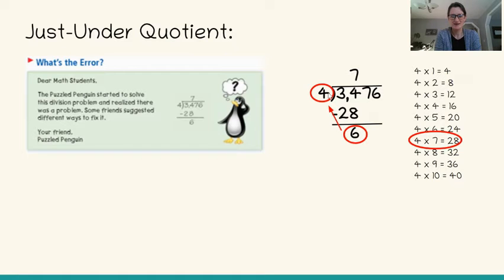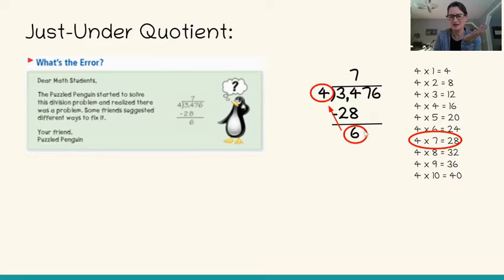Okay, maybe some of you are thinking, well, 4 times 7 does equal 28, and that is less than 34, but there's another multiplication equation that is less than 34, that's closer to 34, that Puzzled Penguin could have used.